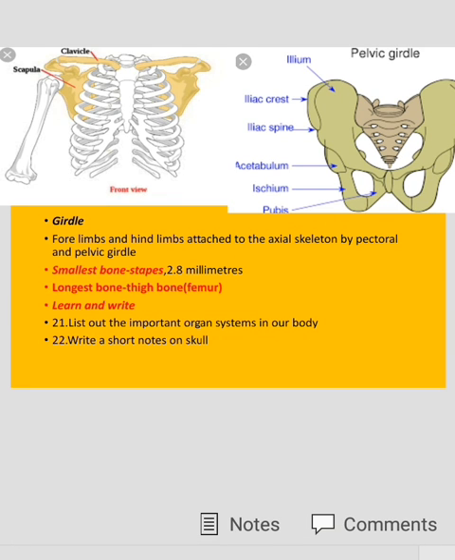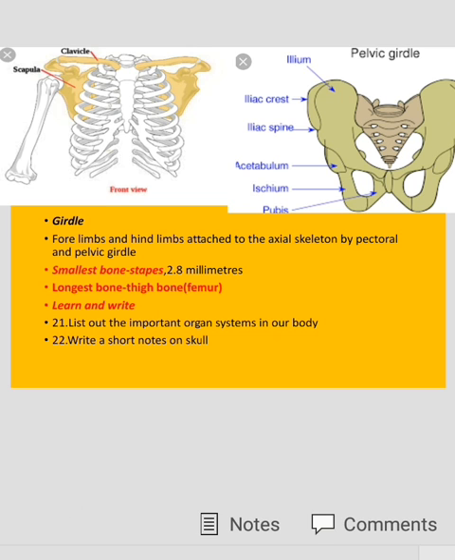Next, the girdle. A girdle joins the limbs to the axial skeleton. The fore limbs and hind limbs are attached to the axial skeleton by the pelvic and pectoral girdles.